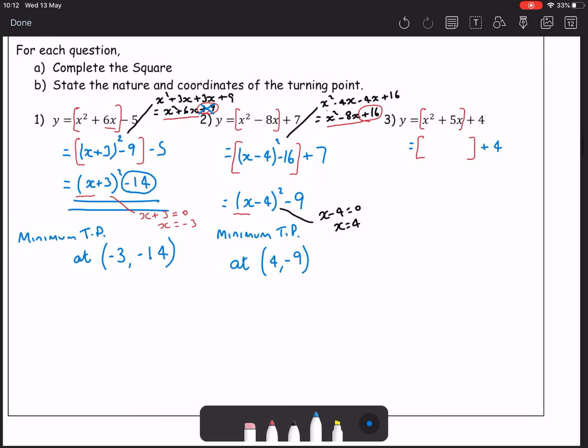To get my x squared, and in this case, I need to half the 5 term, and that's simply 5 over 2.